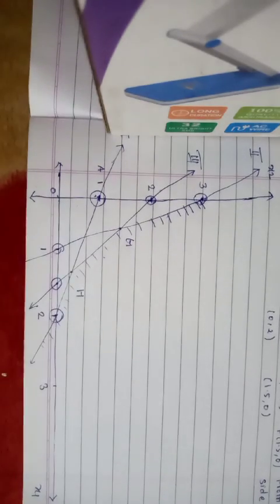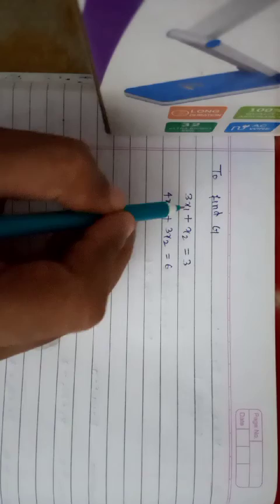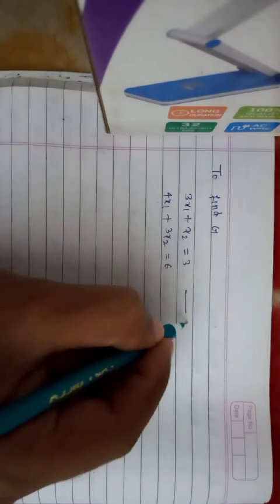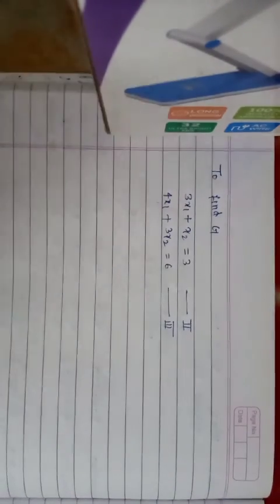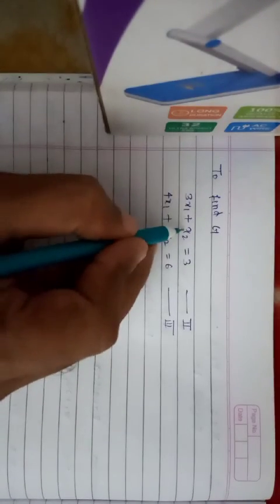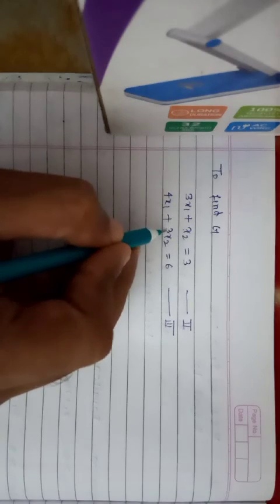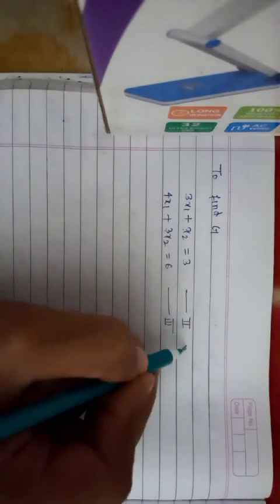Now point G is the intersection of these two lines, that is equation 2 and equation 3. We need to solve these equations simultaneously. The coefficient of x2 is 1 in the equation 2, so I will multiply the whole equation by 3.